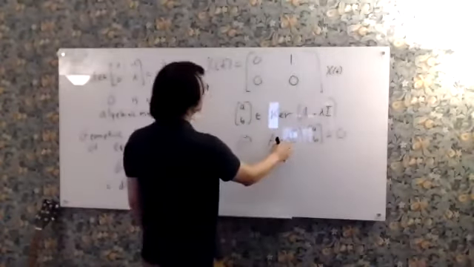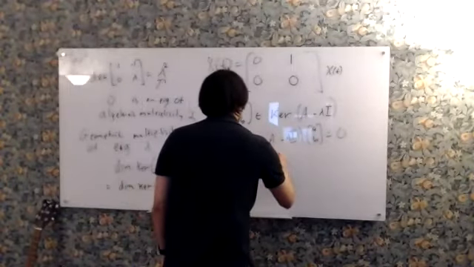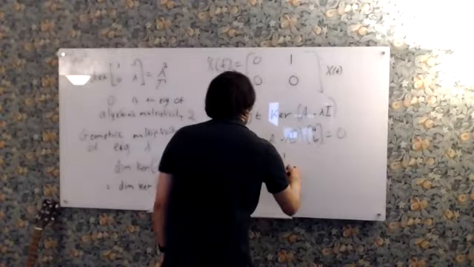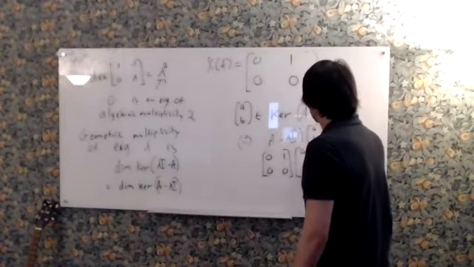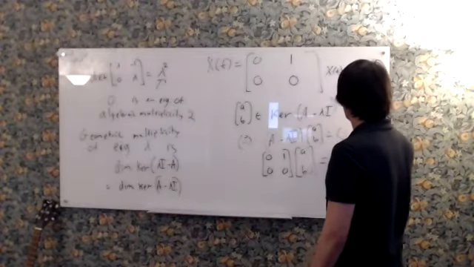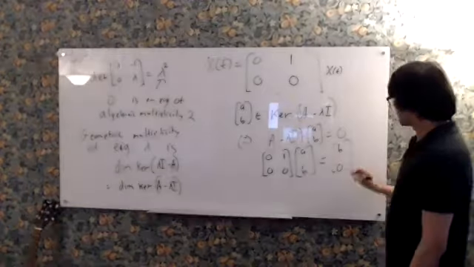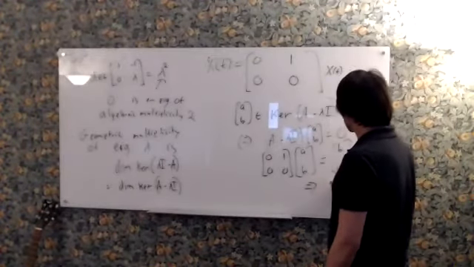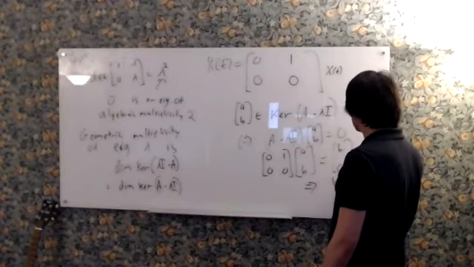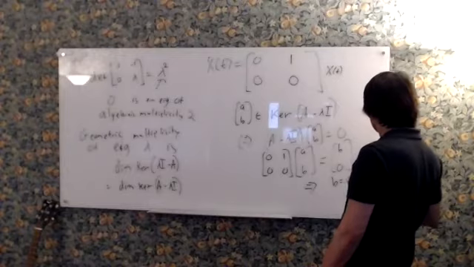So let's see what this is. In our case, lambda is just 0. So we plug this thing in. It's [0, 1; 0, 0] times (a, b). So we get (b, 0). And so in order for this thing to be 0, this tells us that b is equal to 0, and a is free.